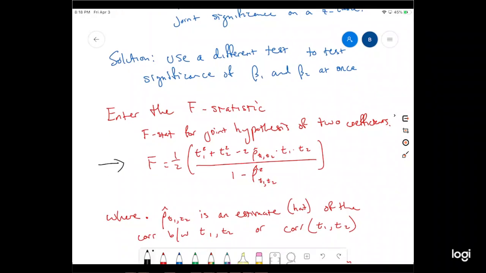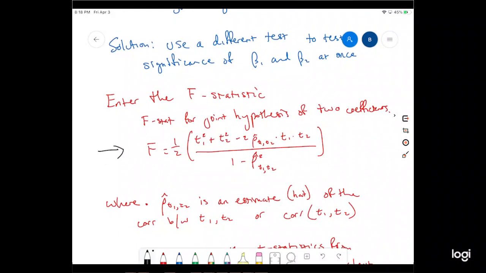Okay, so what are all these values? Where rho hat t1 t2 is an estimate of the correlation between t1 and t2.